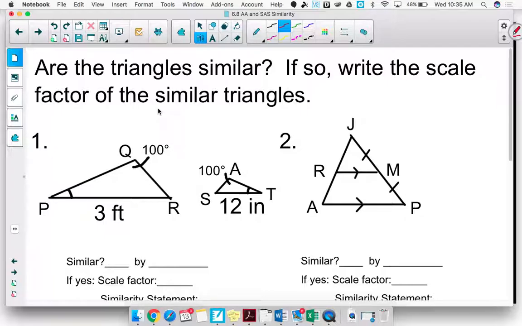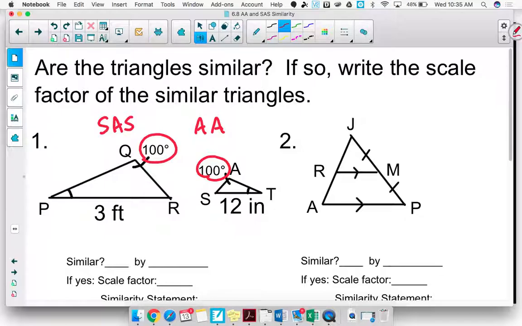All right, so are they similar? Well, let's see. On the first one, we have an angle. So that makes me think we're either going to check angle, angle, or side, angle, side. So angle, angle means we need to know two sets of angles are congruent.